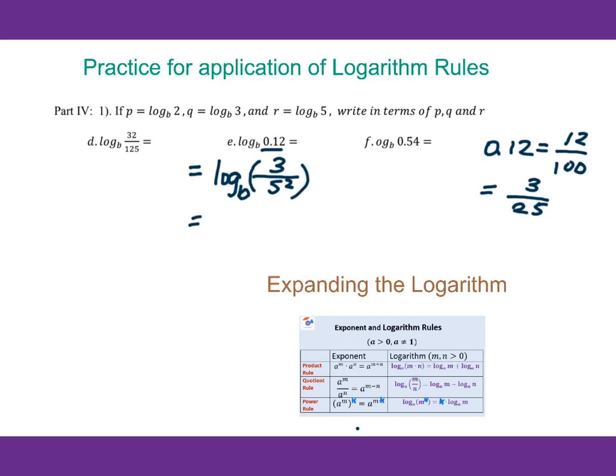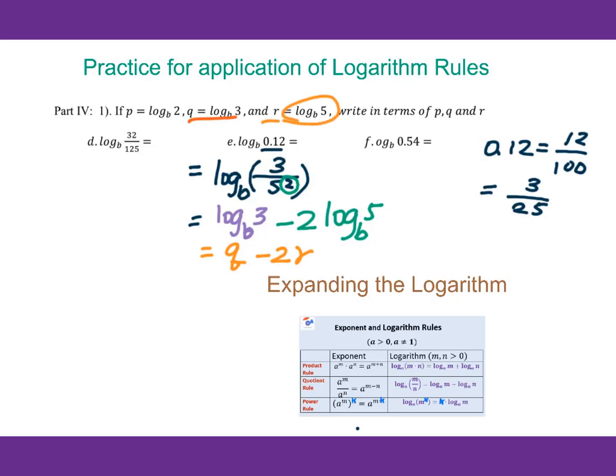Then expanding the log, division means subtraction. Therefore, log base b of 3 minus, this exponent drops down, you will get 2 times log base b of 5. Then we plug in. That's q. So we got q minus 2r, because this one is r.